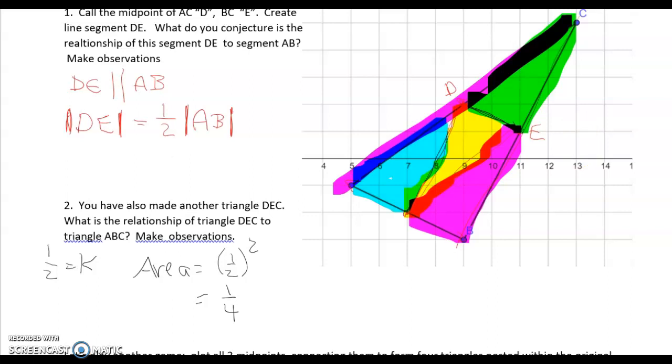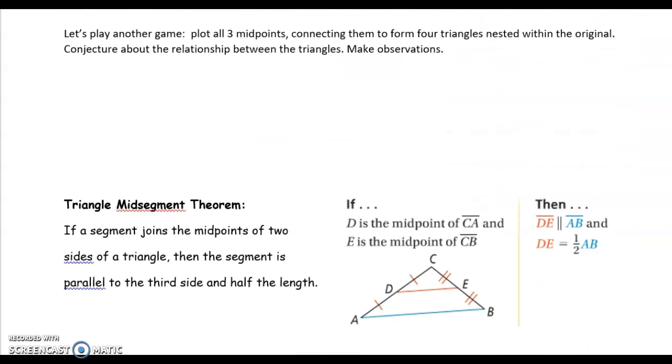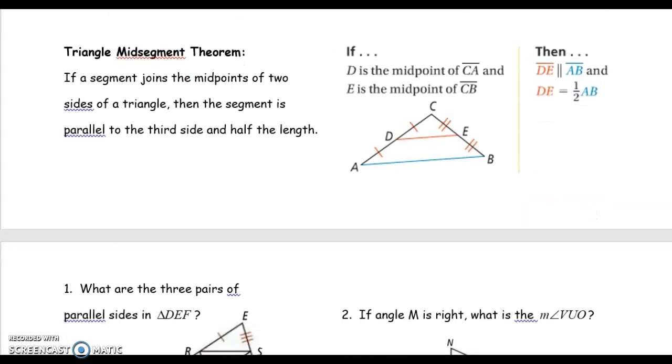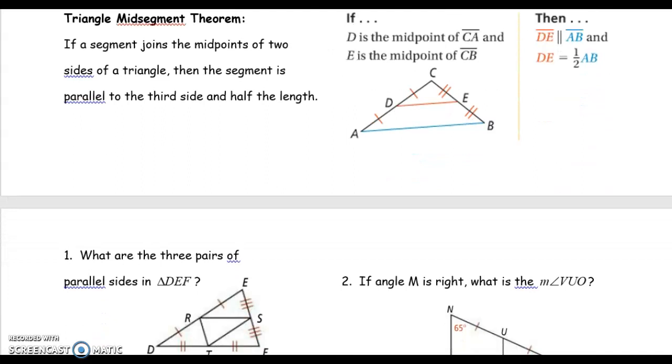So to do just a few basic geometry things, there's something called the triangle mid-segment theorem. Basically you get this idea of cutting the sides in half, and what results from that is a segment that's half as long. They don't put the absolute values here.